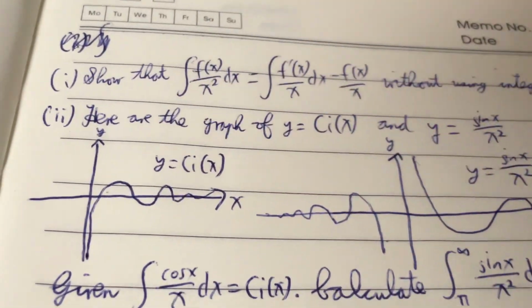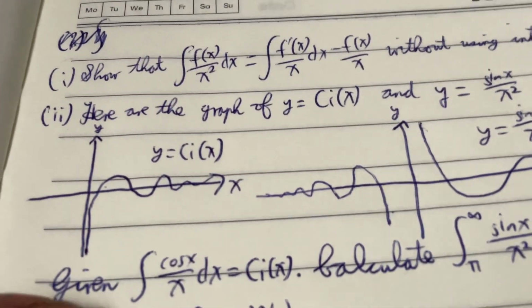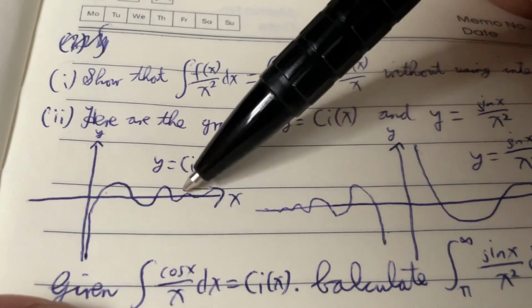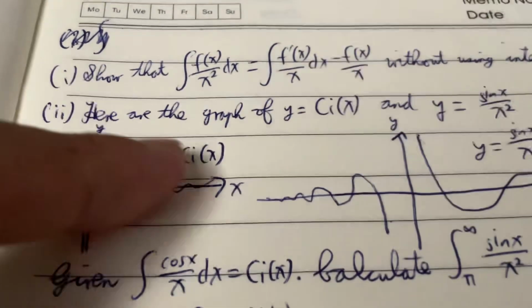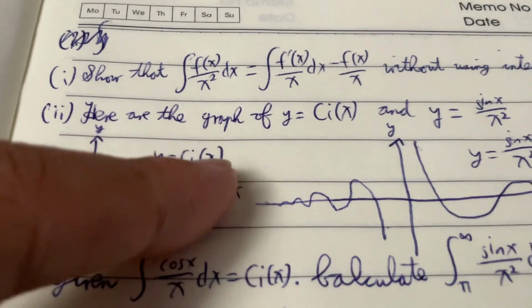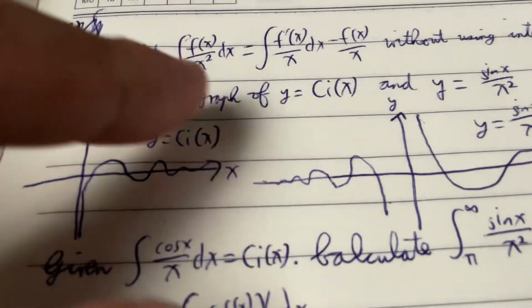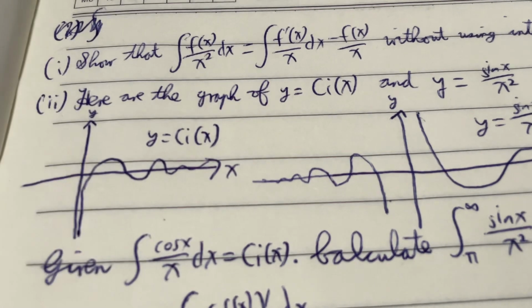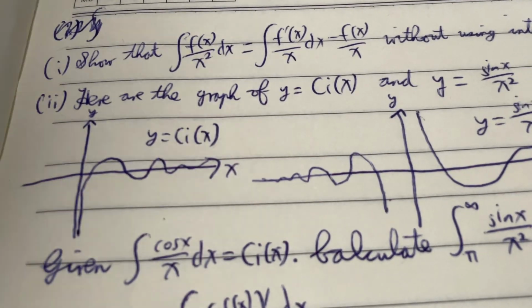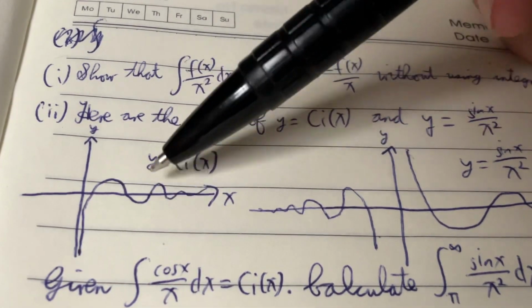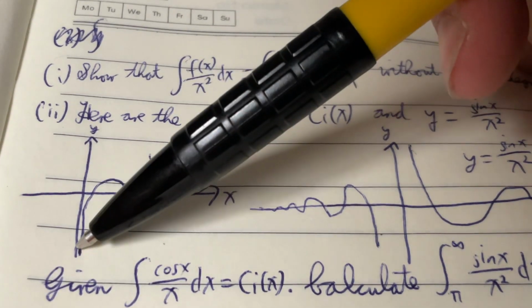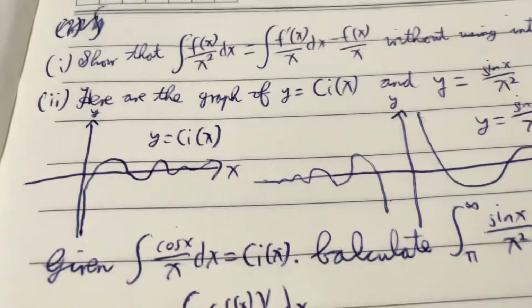When x approaches infinity, it gets smaller and smaller, approaching 0. The input of the cosine integral cannot be a negative number, otherwise you get imaginary numbers. In the real world, we pretty much just have the graph like this.